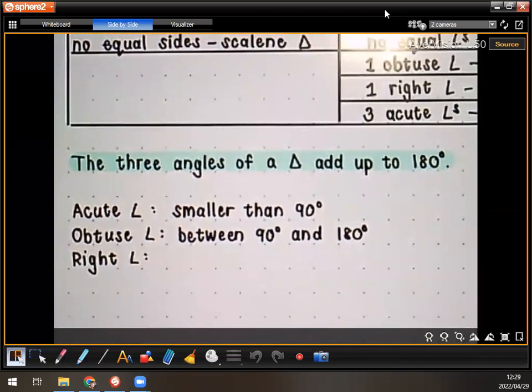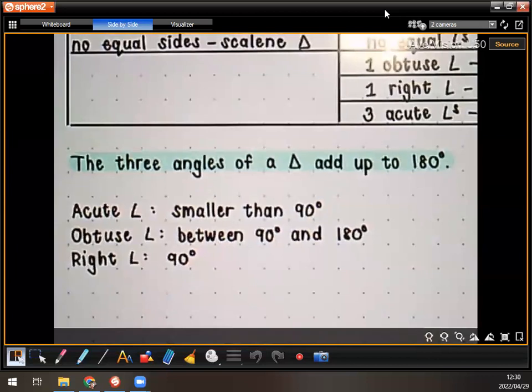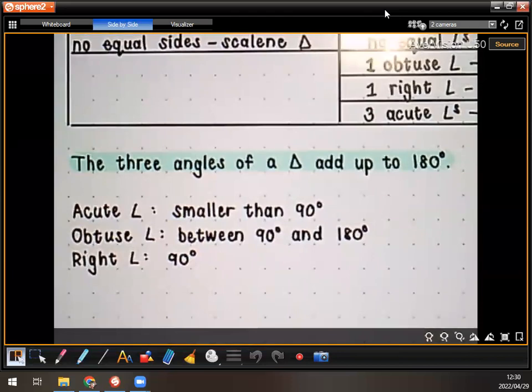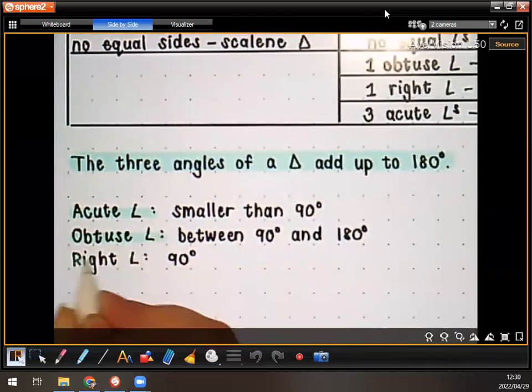And then a right angle, a 90-degree angle. So a right angle is 90 degrees on the dot. Those are just the names of those angles that we need to know. I'm going to highlight these terms as well.